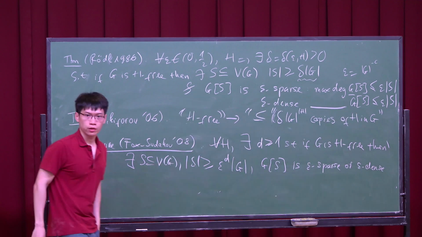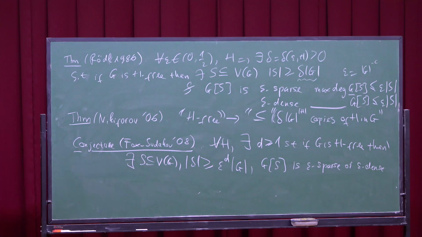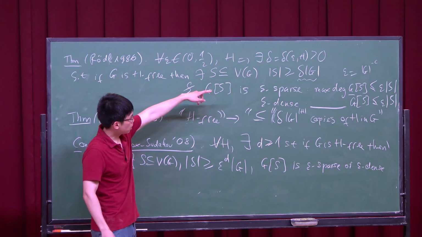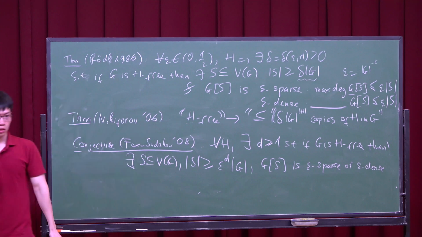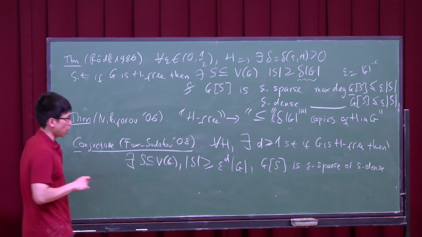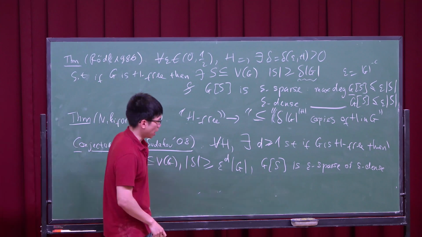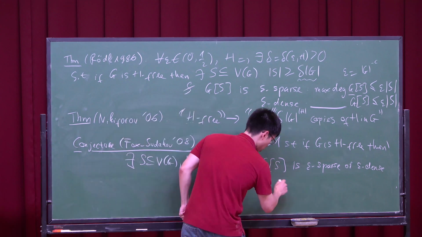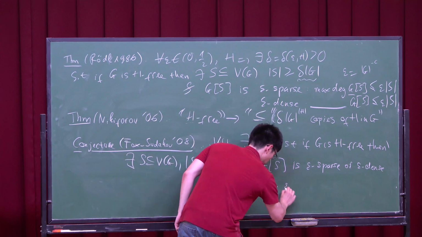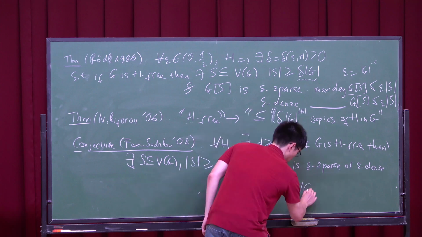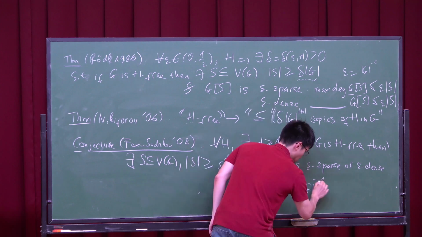So in other words, in Rödl's theorem, you can choose delta to be a power of epsilon. And to see how this implies Erdős-Hajnal, you can just take epsilon, I think, to be |G|^{-1/2D}.